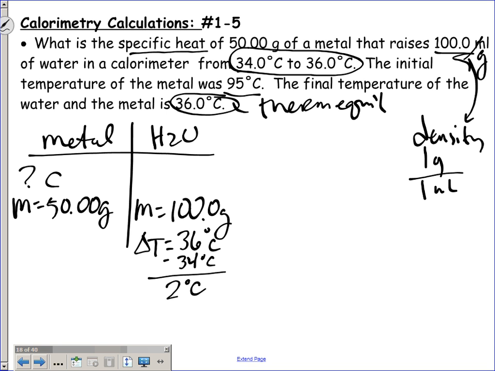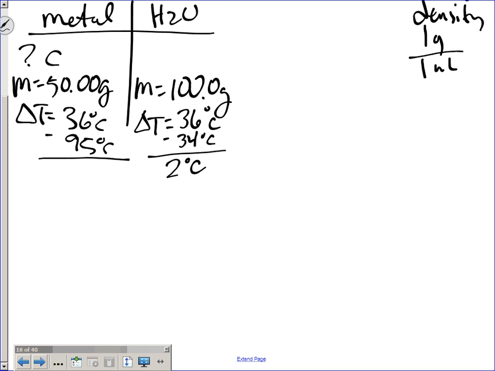So they should end at the same temperature. If it's not, you've got a problem. So at this point, I have 95 degrees Celsius initial, 36 final. How do you get your temperature change for metal? Subtract what? So 36 degrees Celsius minus 95 is what? Say again? Negative 59, right? So we have negative 59 degrees Celsius change.